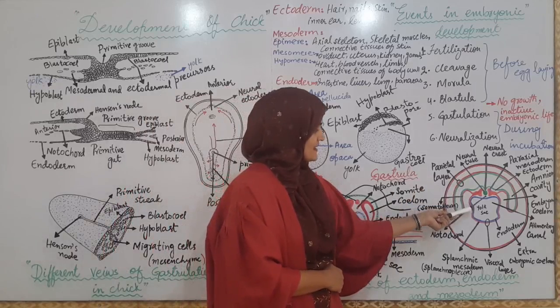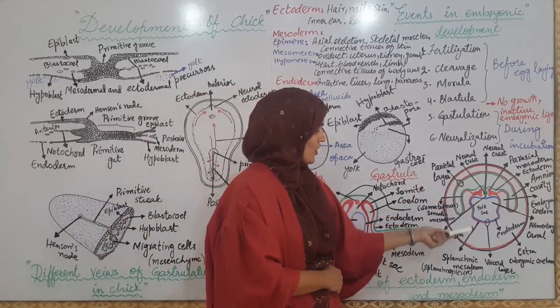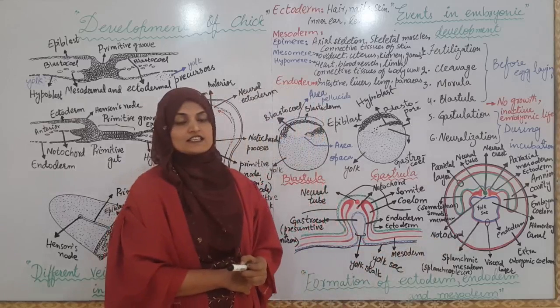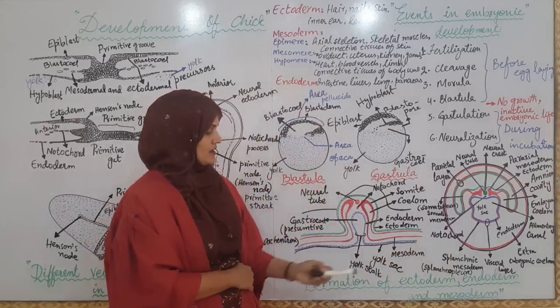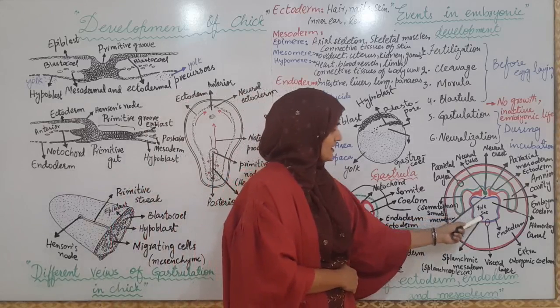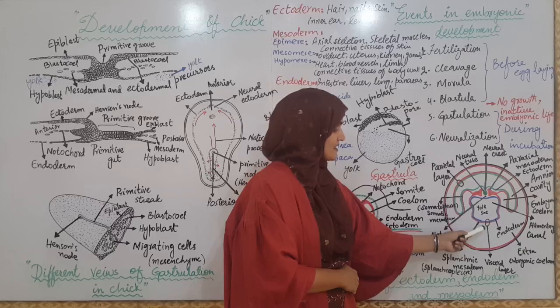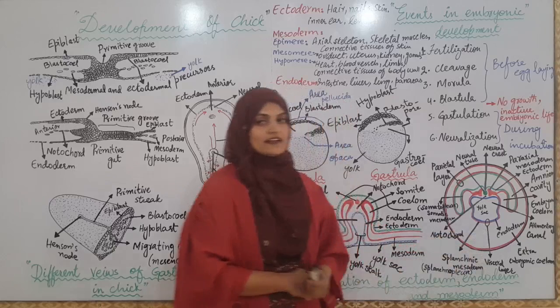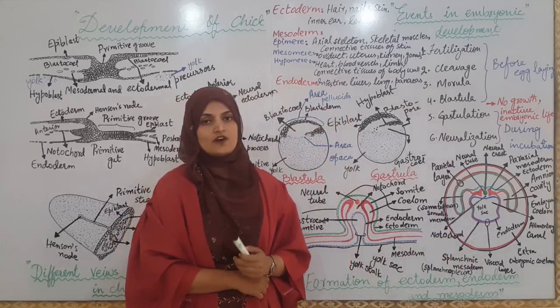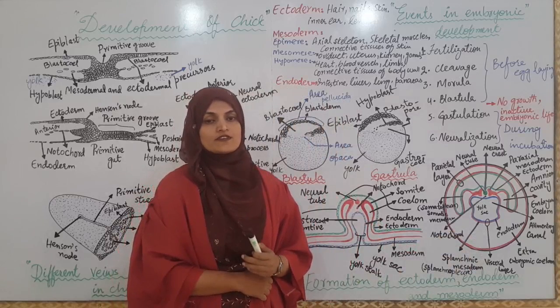When the splanchnic mesoderm, also termed as splanchnopleure, is attached with the endoderm, the visceral layer is formed that later on forms different visceral organs.